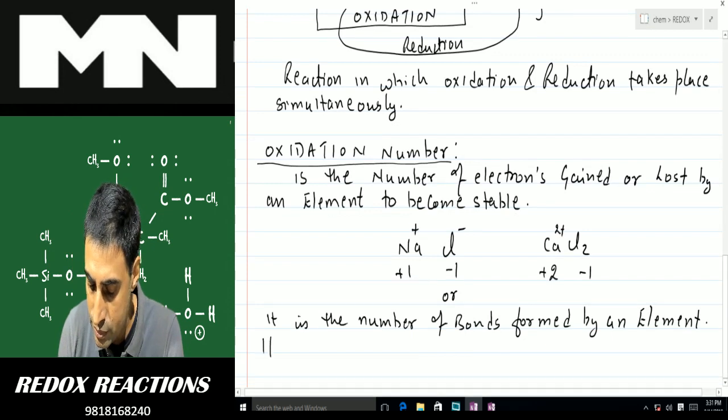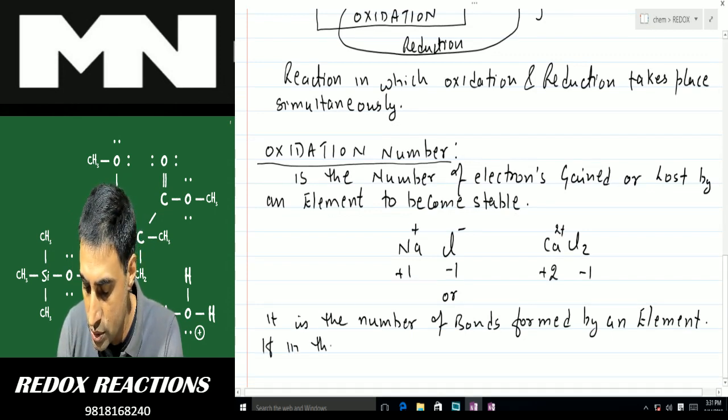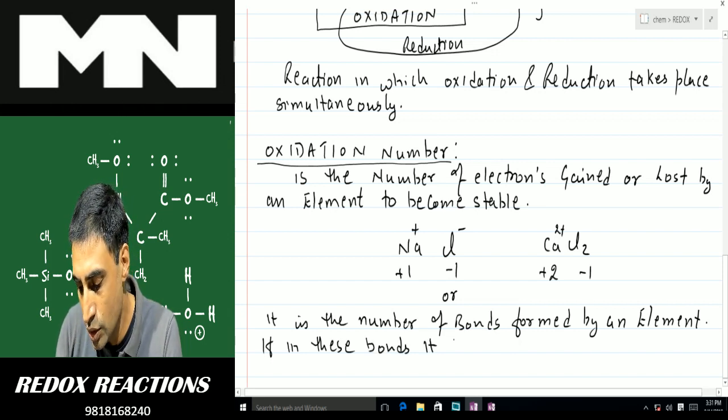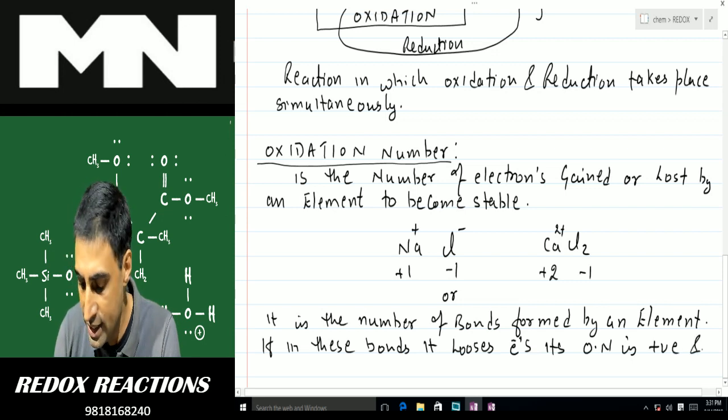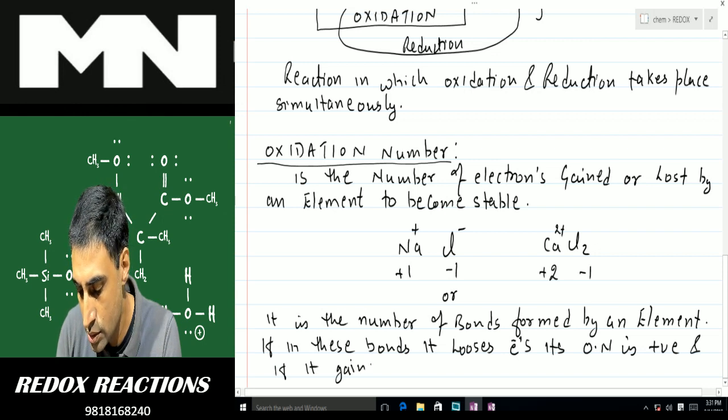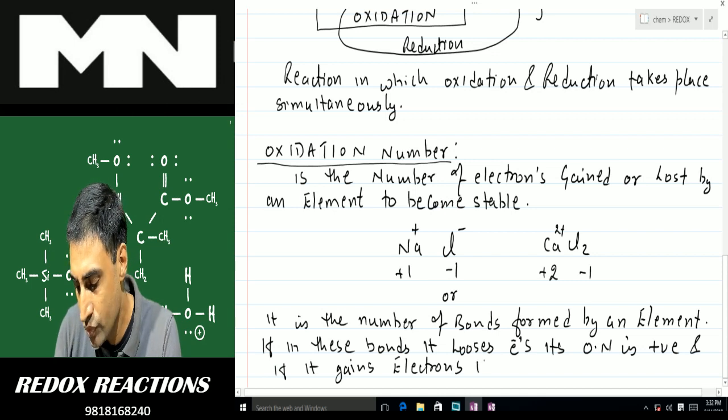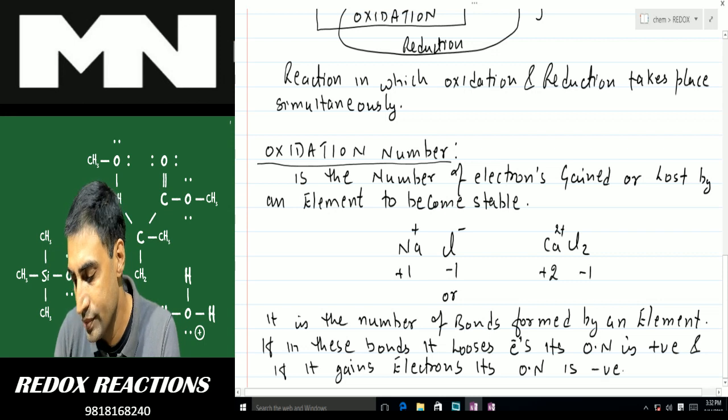If in these bonds it loses electrons, its oxidation number is positive, and if it gains electrons, its oxidation number is negative.